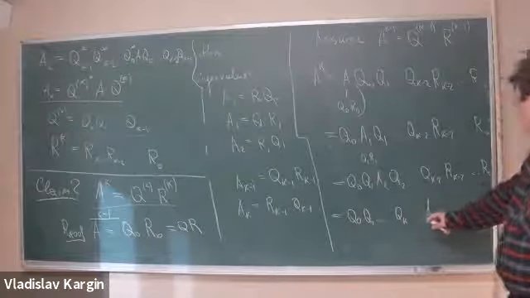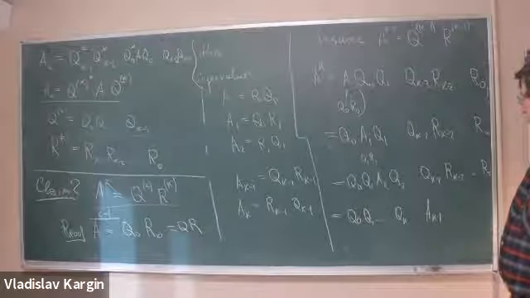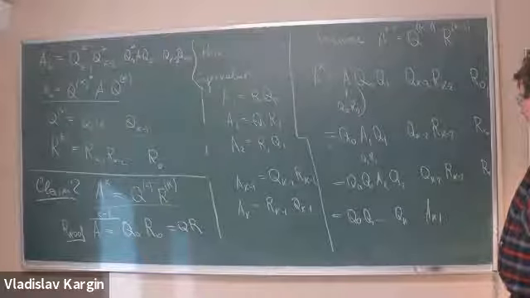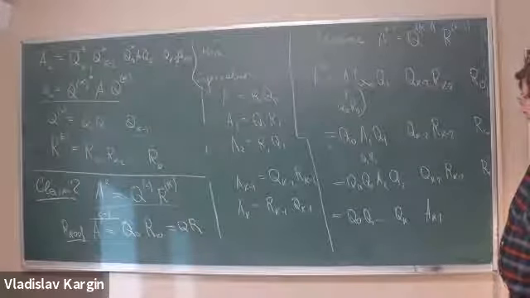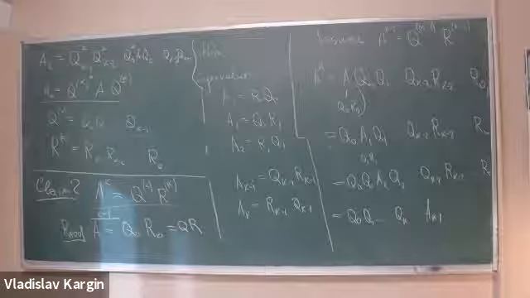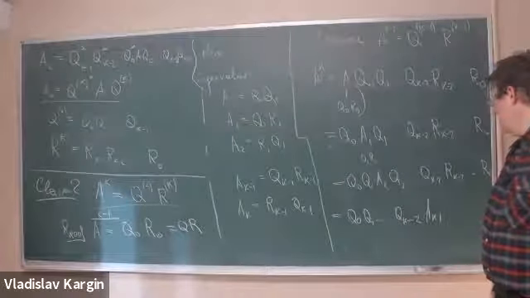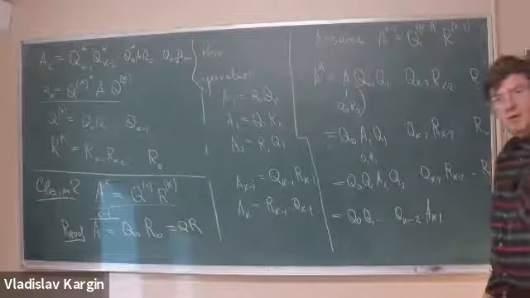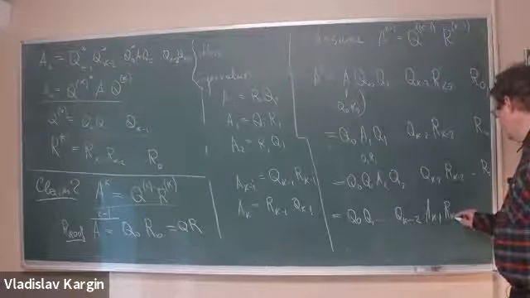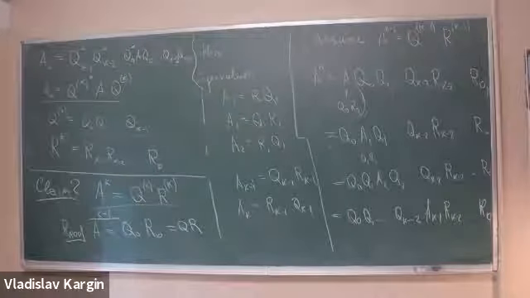And what we'll have here is Q_{k-2}, and so R_{k-2}, and so R0.